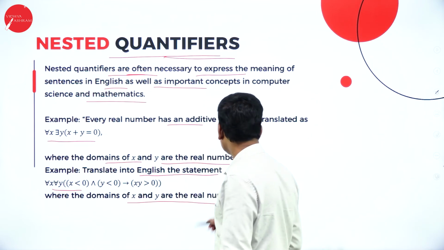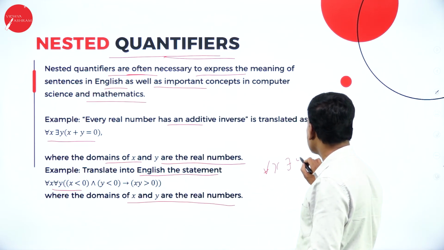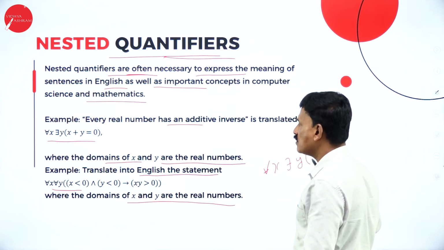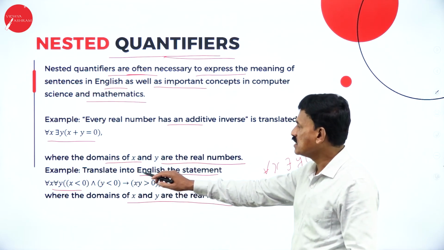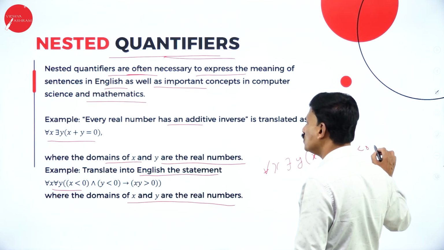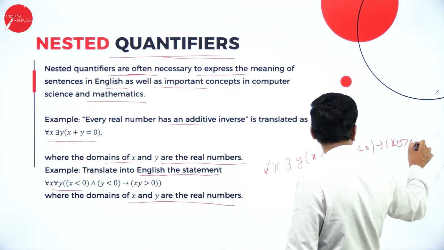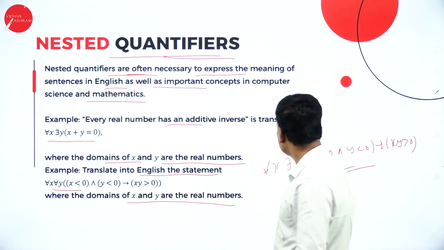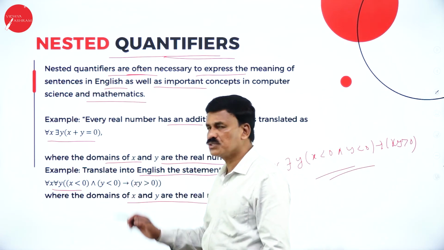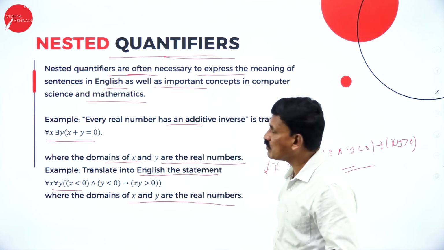The second statement is like this: for all x, for all y, x is less than 0 conjunction y is less than 0 implies xy is greater than 0. Okay, this is how we are going to represent mathematical statements using nested quantifiers.